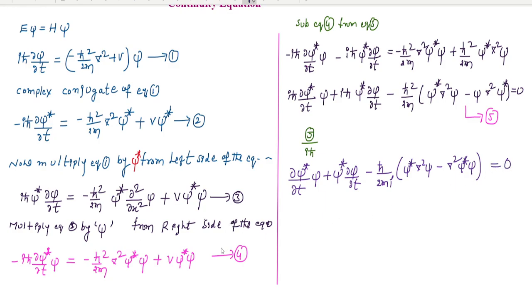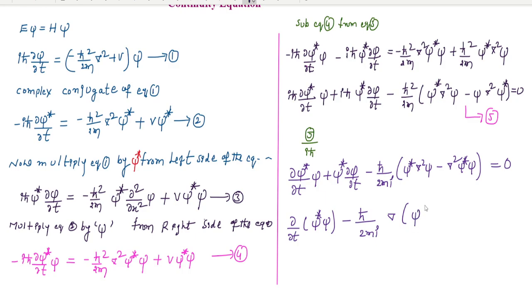If you carefully observe here, we have one common term, ∂/∂t. This should be ψ*ψ, okay, minus ħ divided by 2mi. I'm going to write this ∇ outside the bracket.